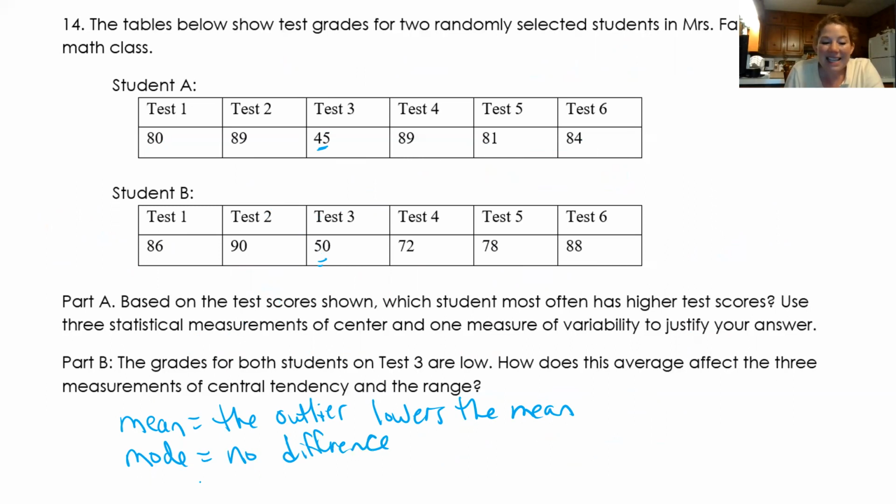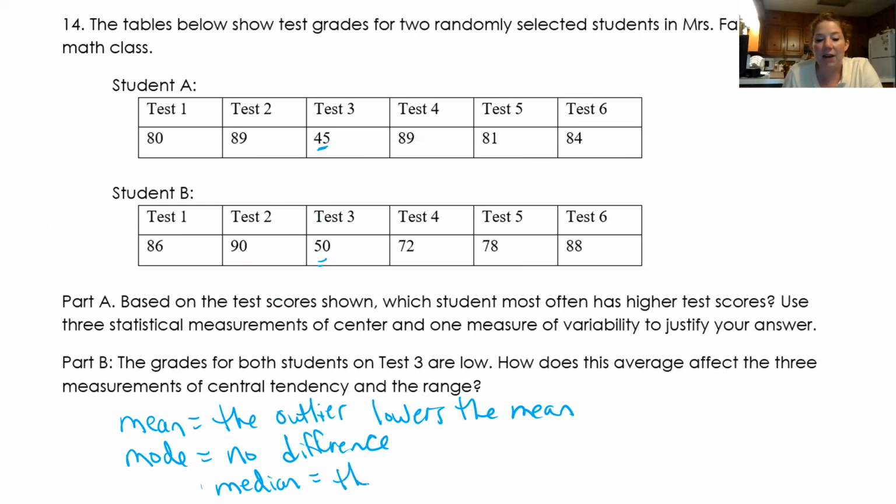What about the median? Since that outlier is a low number, if the outlier wasn't there, the median would be higher without that low test score, right?